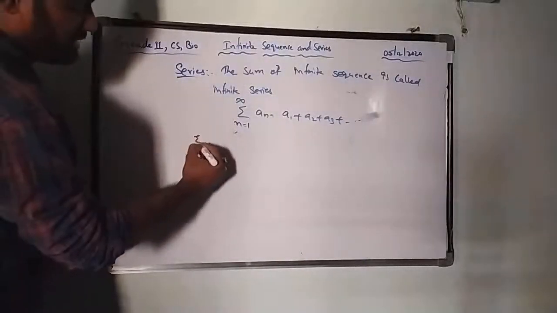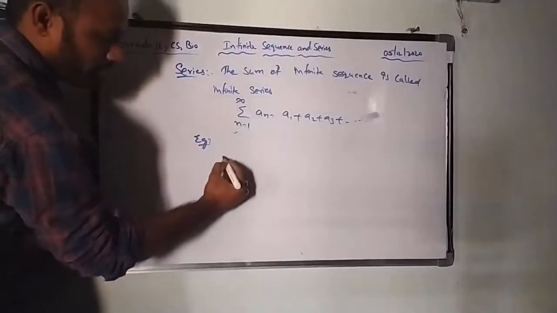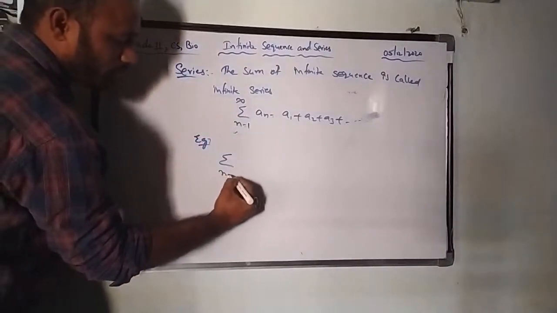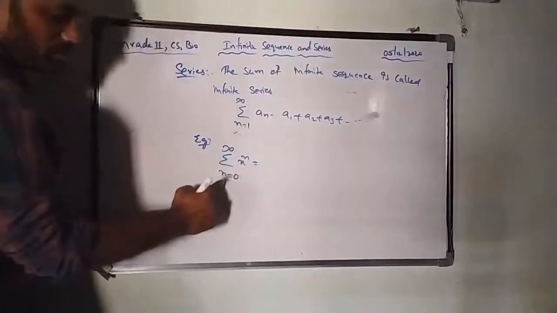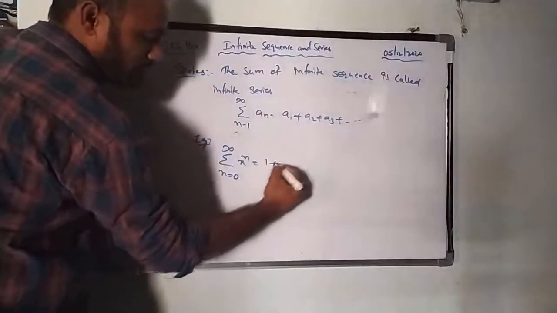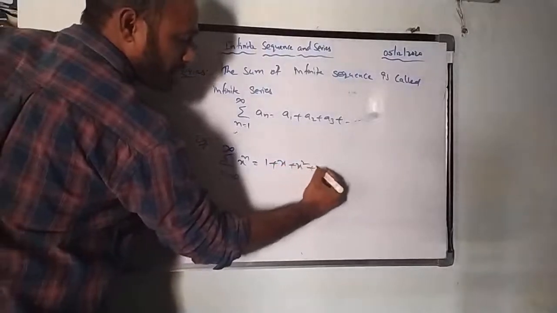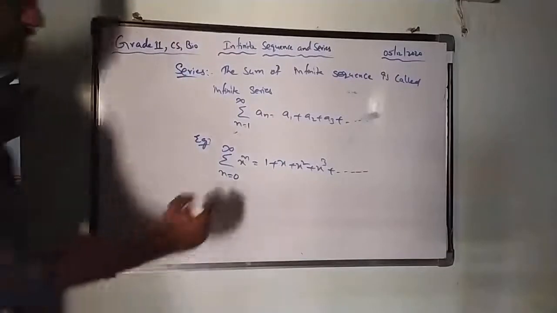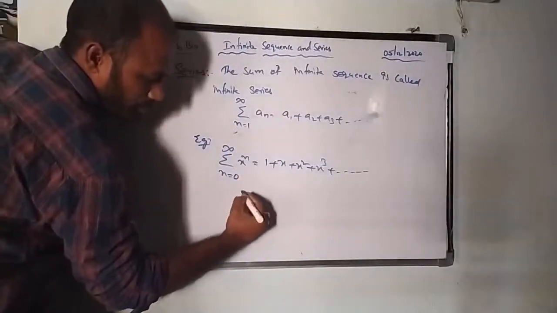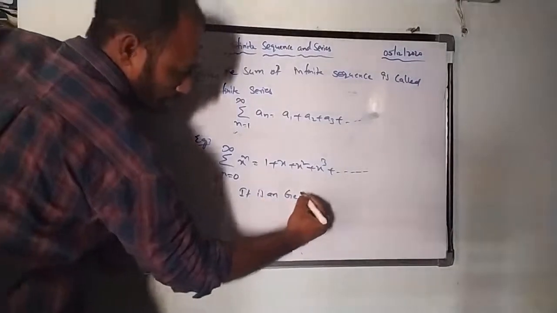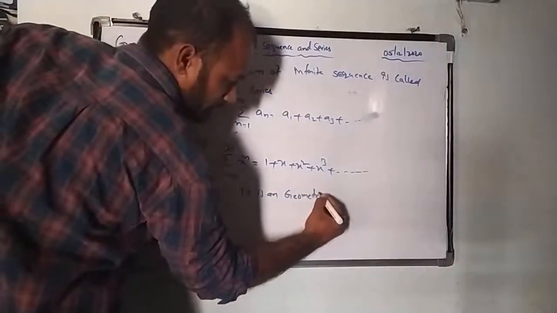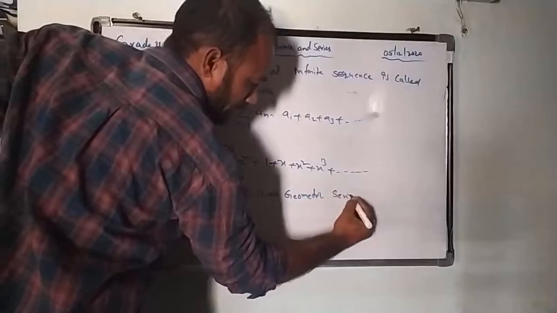So let us take an example to understand in a better way. Let us take summation of n equals 0 to infinity x to the power of n. So x to the power 0, which is 1, x power 1, x square, x cube, plus so on. Here the above series is an infinite geometric series.